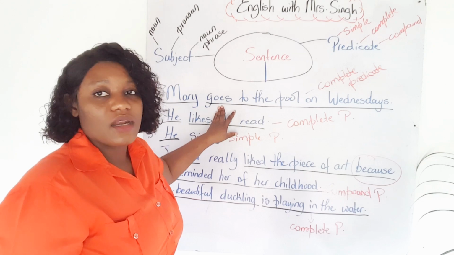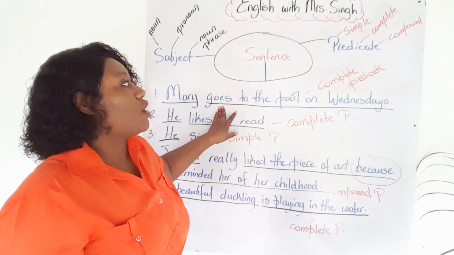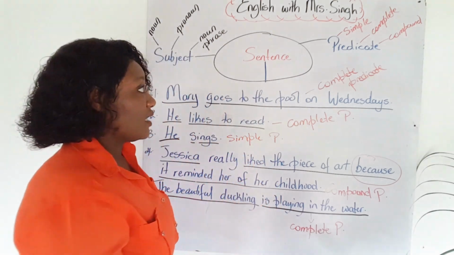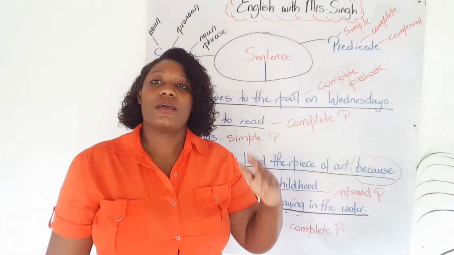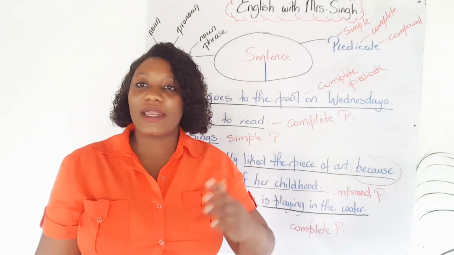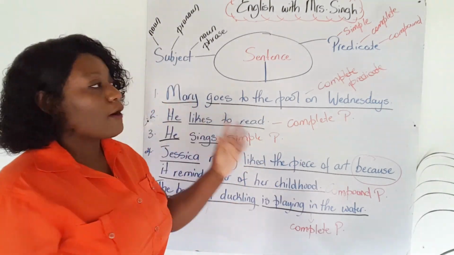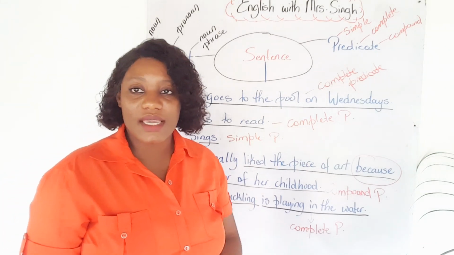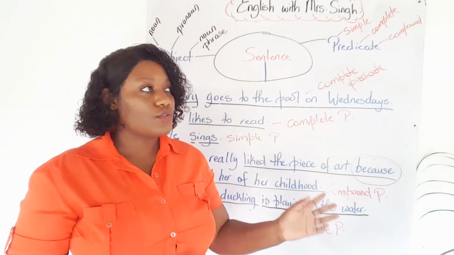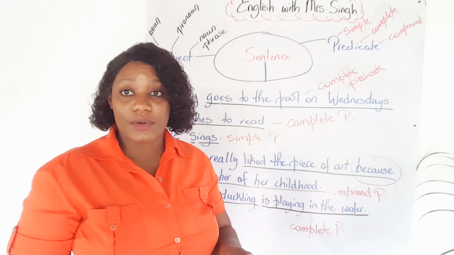And remember that our predicate must always begin with a verb. So once again, simple predicate, just the verb. Complete predicate, the verb and additional information. Compound predicate, the predicate with conjunctions, joining two different predicates.